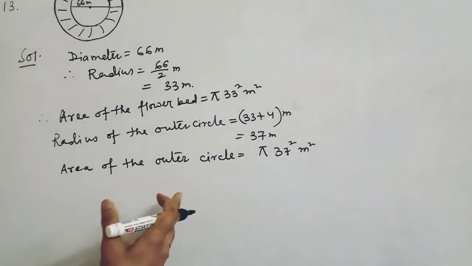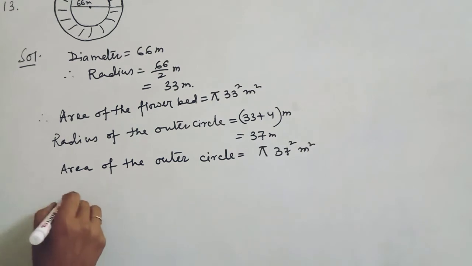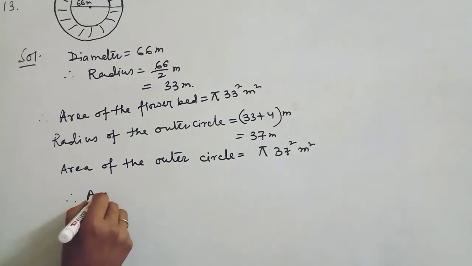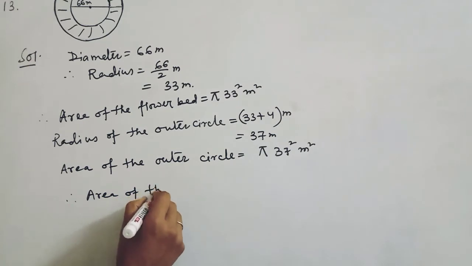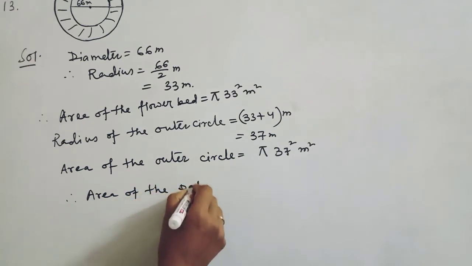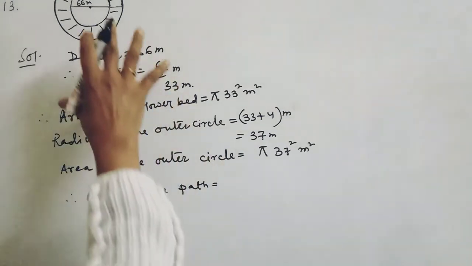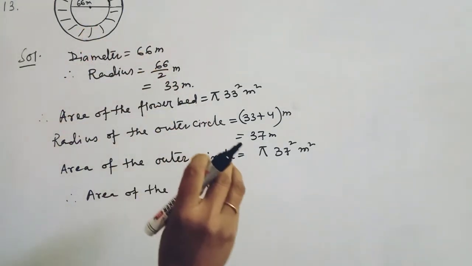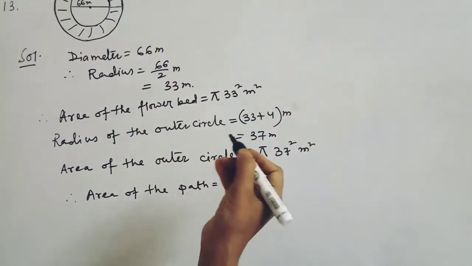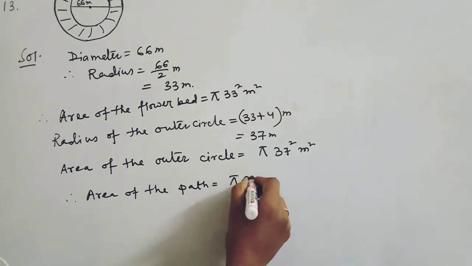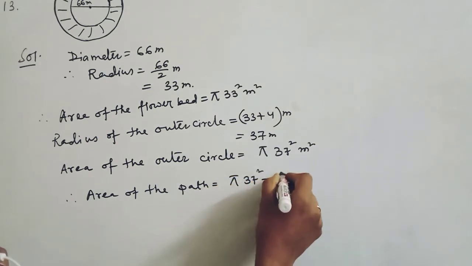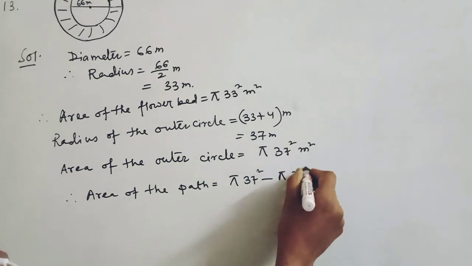Now you have to find the area of the path. Therefore area of the path equal to area of the outer circle minus area of the inner circle. So pi into 37 square minus pi into 33 square.